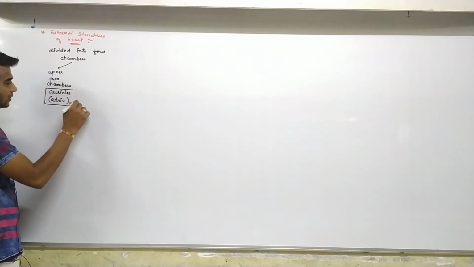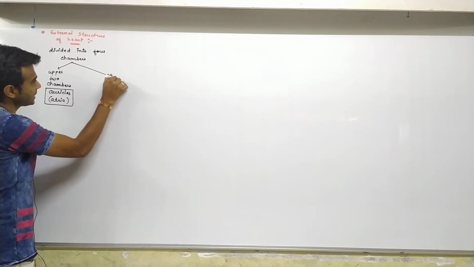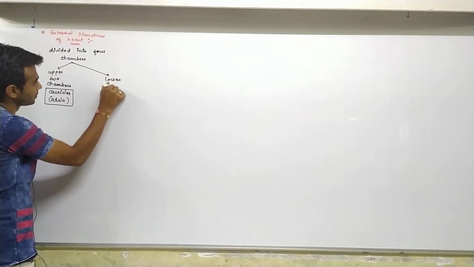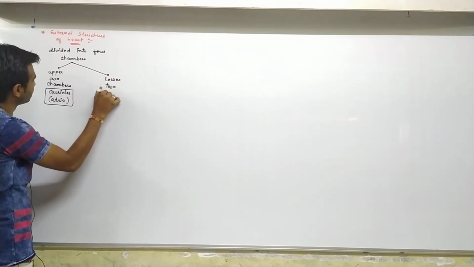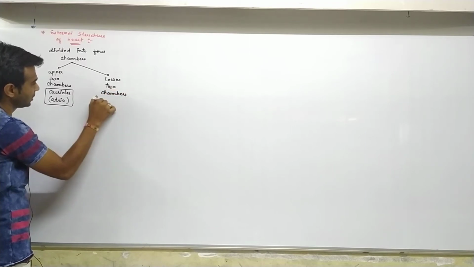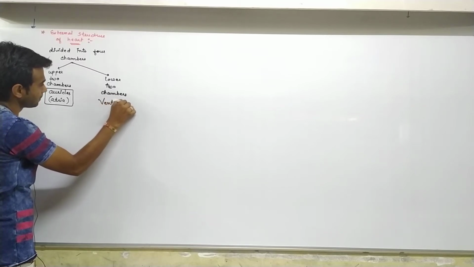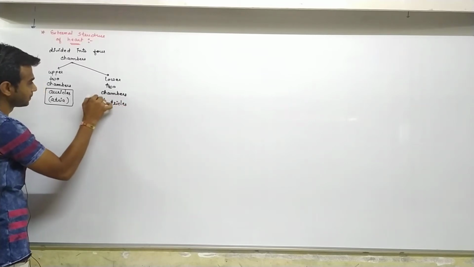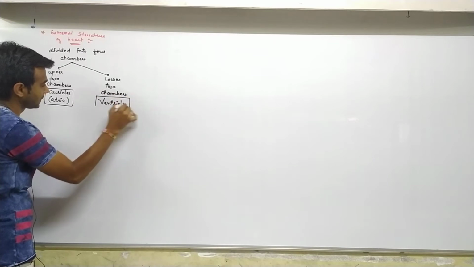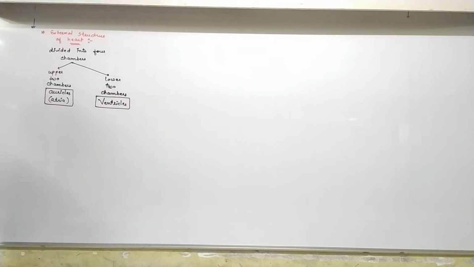The upper 2 chambers are known as auricles or atria, or atrium, and the lower 2 chambers are known as ventricles. Okay, what is the difference between auricle and ventricle? Few points are there.